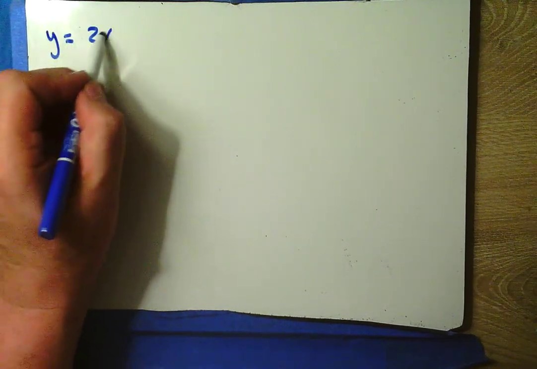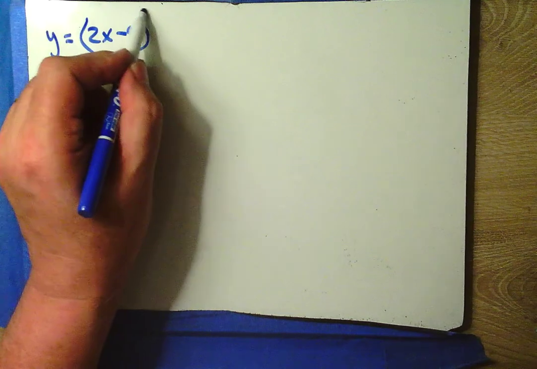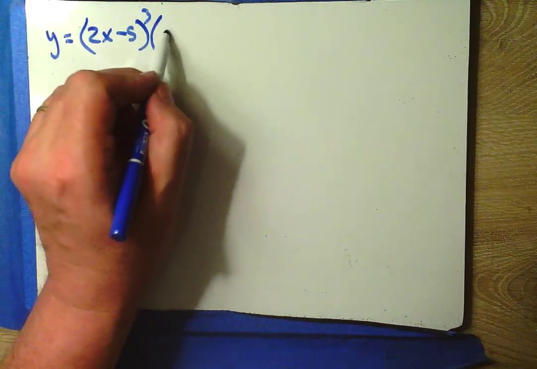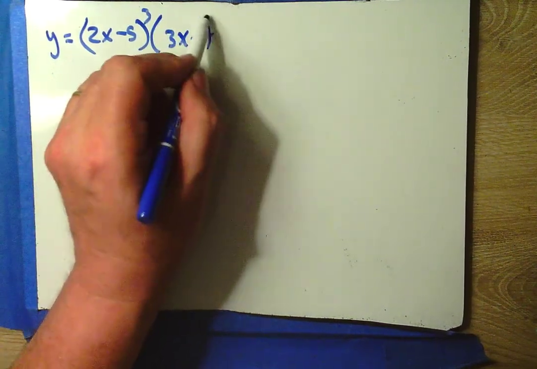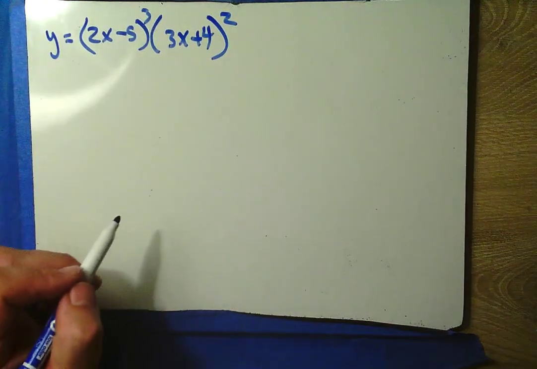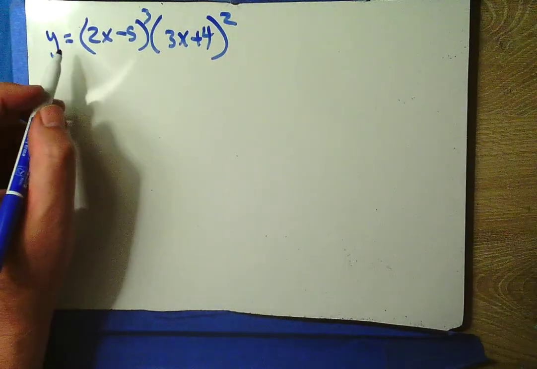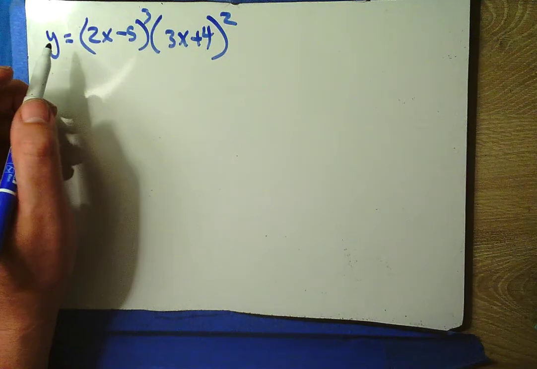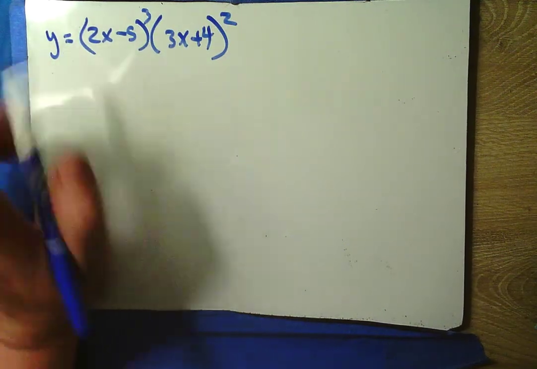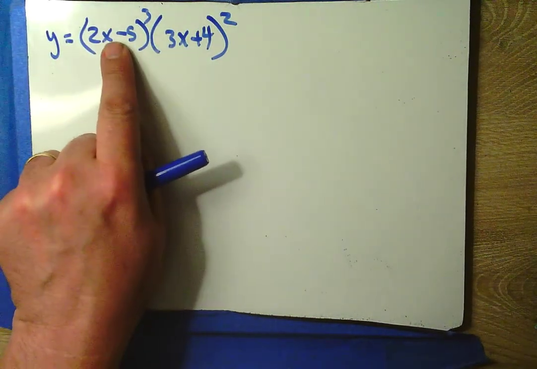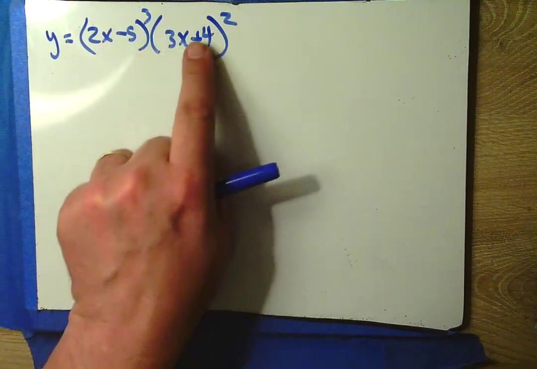Speaking of y equals (2x minus 5) to the third times (3x plus 4) squared, let's take the derivative of this. It's product rule, but it's also chain rule, right? I've got a product and I've got functions inside of functions.